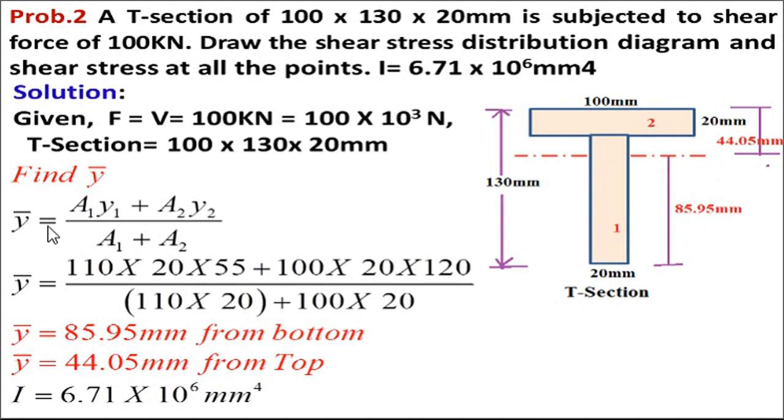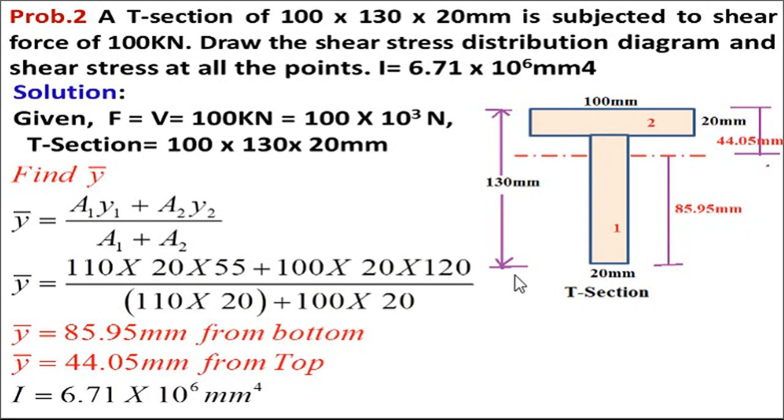So to calculate y bar, we have the equation A1 y1 plus A2 y2 divided by A1 plus A2. So here y bar is equal to, A1 means what? 100 into 20. Okay, so that will be A1. Here I have considered figure 1, this one. This web I have taken as figure 1 and this is figure 2.